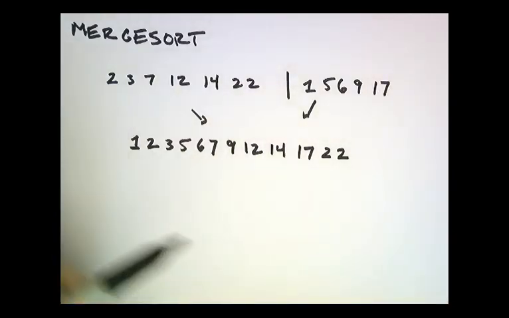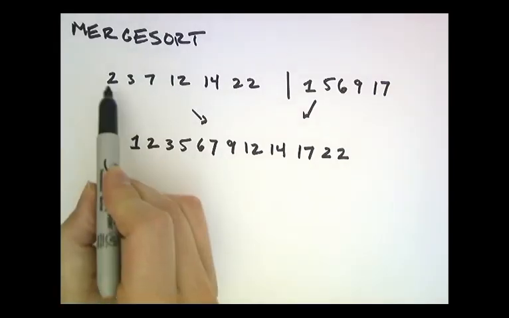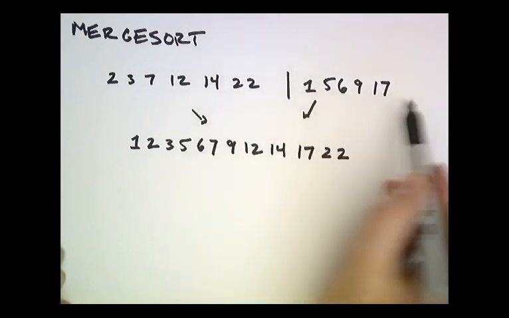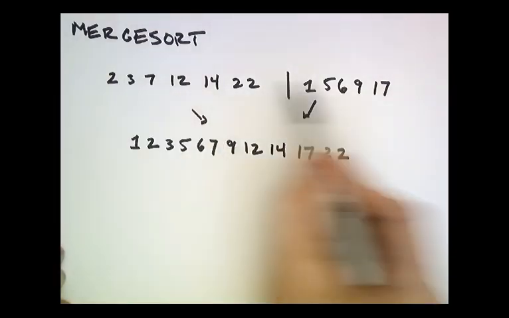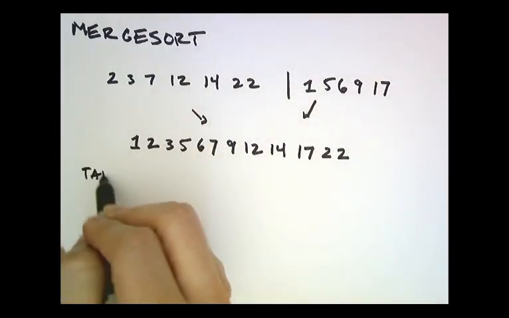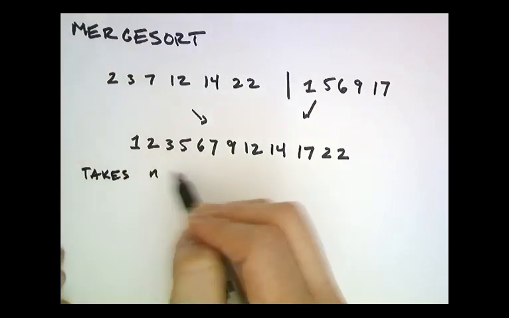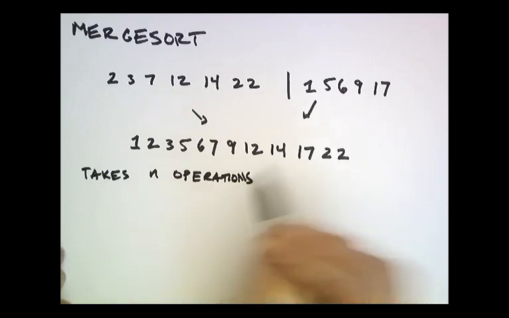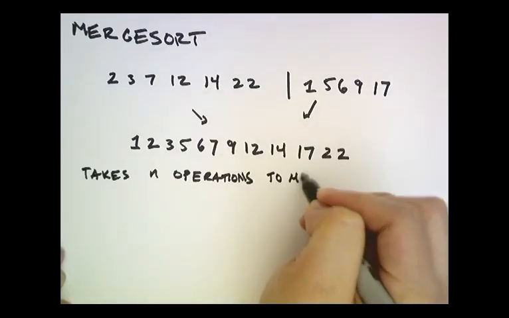So if I have two lists of numbers and the length of this entire list of numbers is n, then it takes n operations to merge.